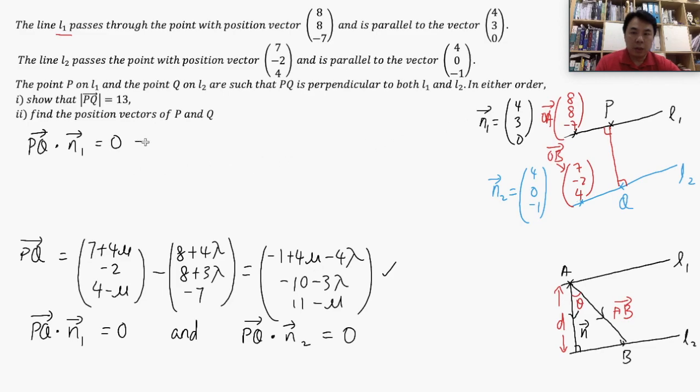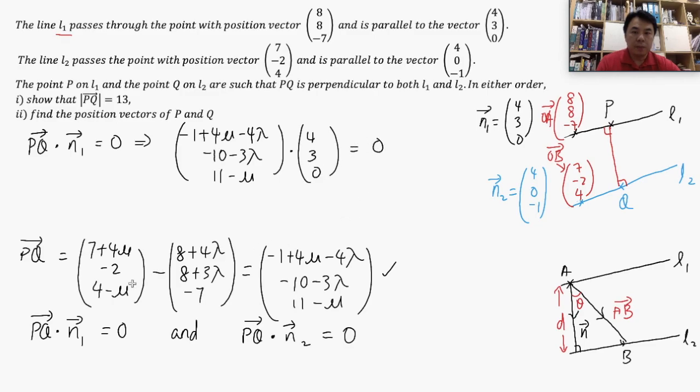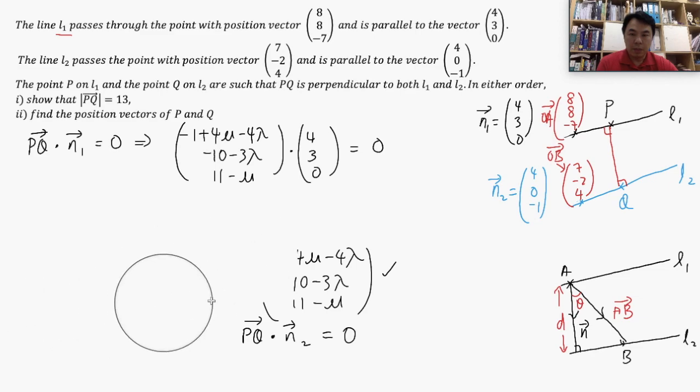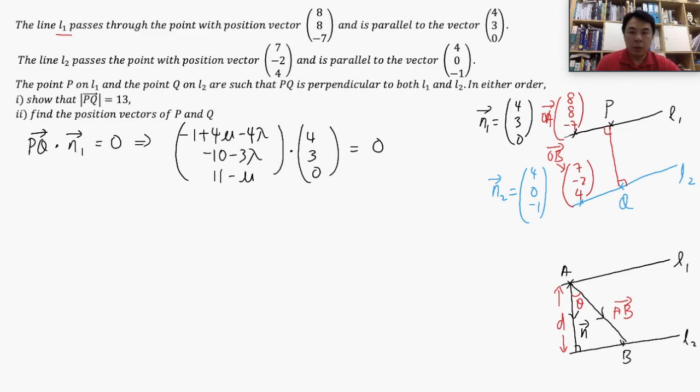So that actually gives us (-1 + 4μ - 4λ, -10 - 3λ, 11 - μ) scalar product with (4, 3, 0). That will yield a 0. Okay, so just let me clean this up and work this out.